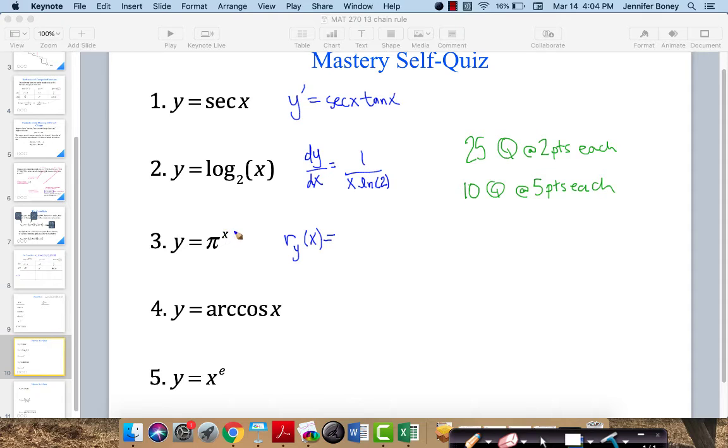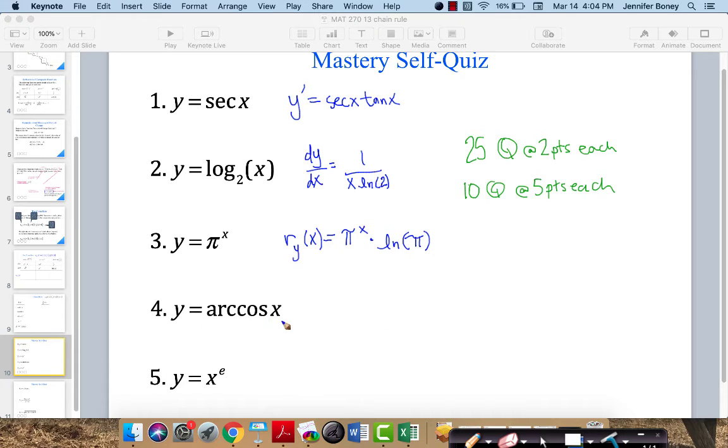So you're not going to be subtracting anything from the exponent, just like e to the x, pi to the x, which is just a little bit more than 3 to the x, is part of its own derivative. Then we just have times the natural log of the base. So derivative of pi to the x is pi to the x times the natural log of pi.